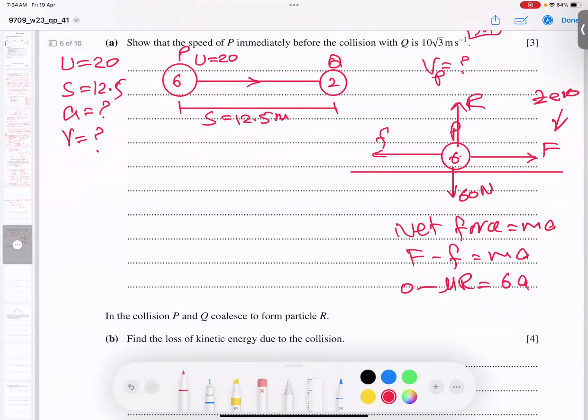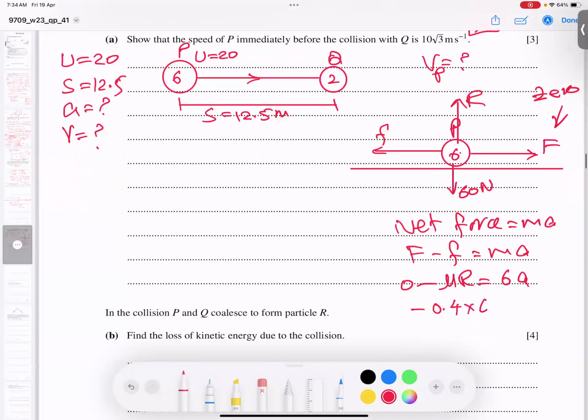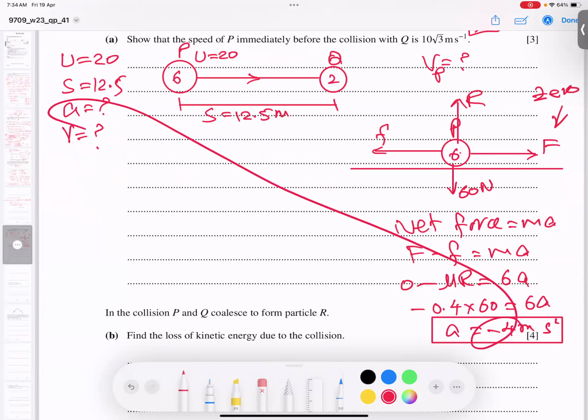So mu R: mu is 0.4, R is 60, and that equals 6a. If we check, it's coming to -4 meters per second squared. So I got the acceleration, and this -4 I will utilize now. So you see, students, how I got this answer. I hope you got my point.